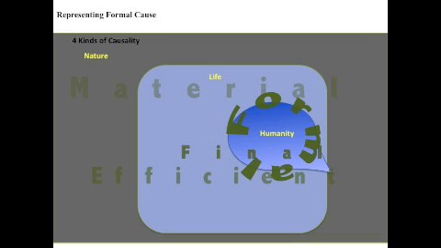Now, if you look at the diagram, part of what it's trying to do is to combat the reductivism that could be found in both the humanities and in the sciences. And when I say reductivism, I'm trying to suggest that science, to the extent that it says that art isn't part of nature, is actually being reductive.